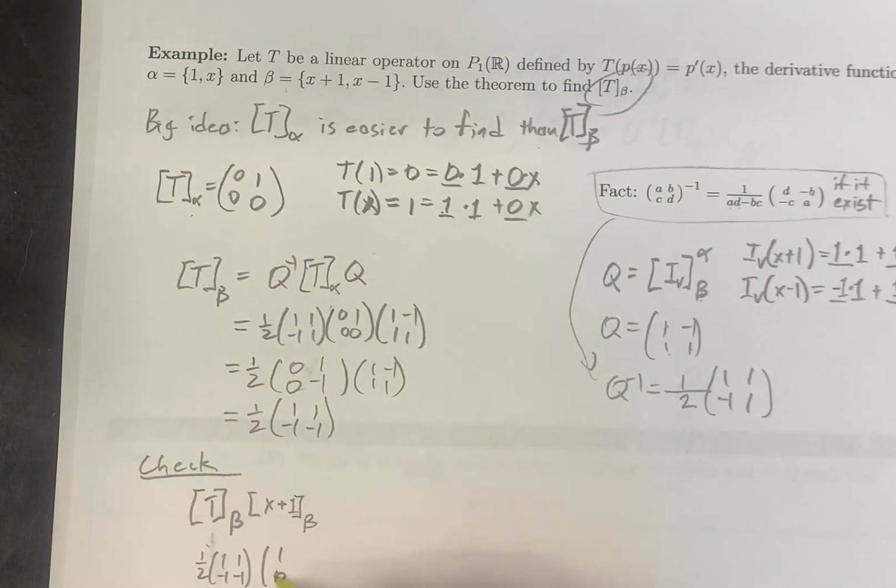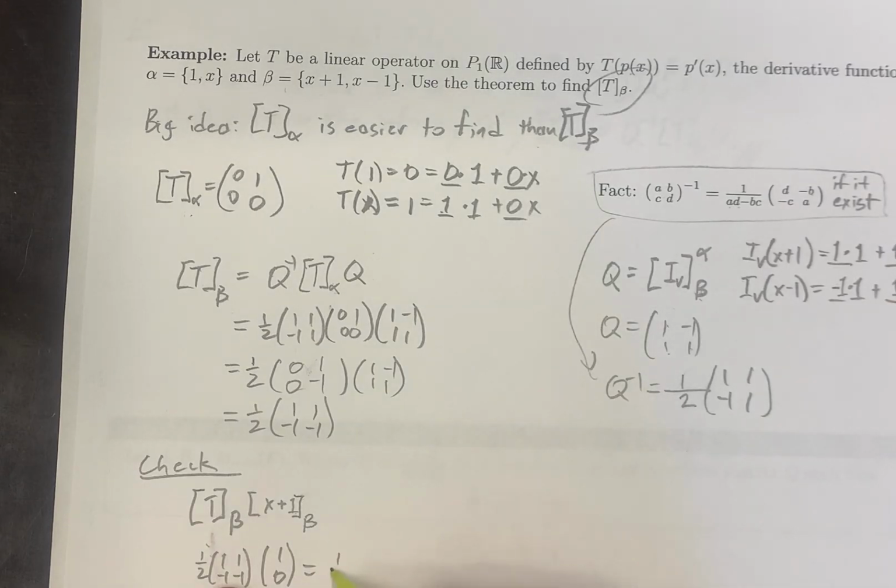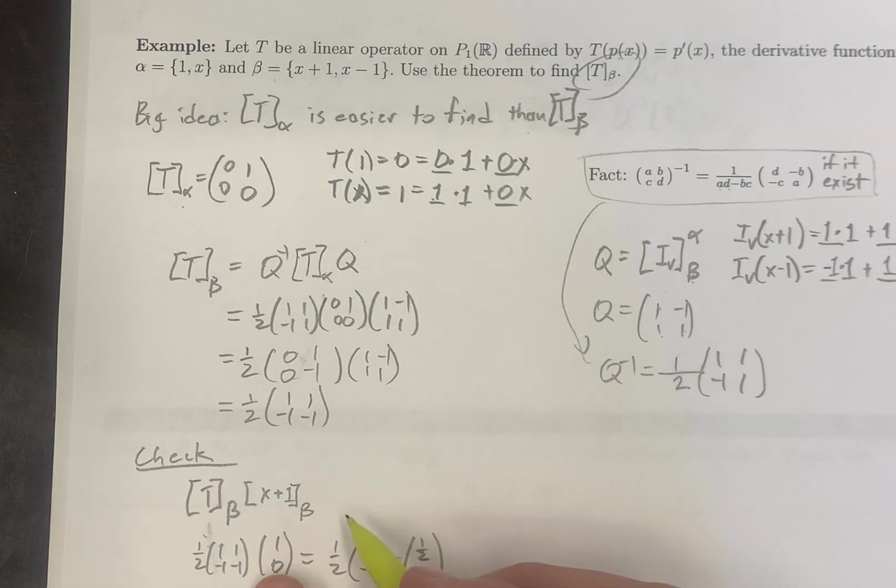Well, it's just 1 of the first and none of the second. So what's that multiplication do? That multiplication gives you 1/2 row column 1, -1. In other words, 1/2, -1/2.